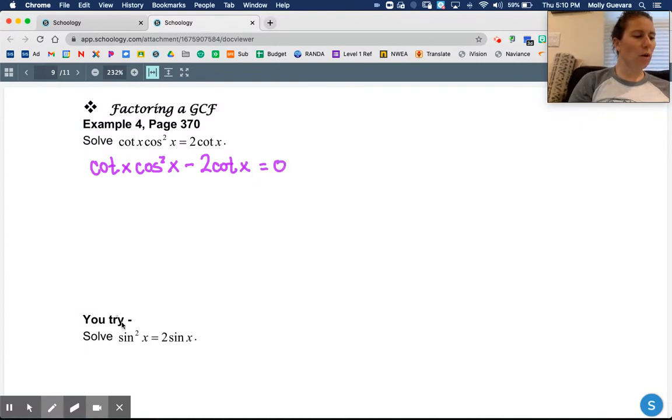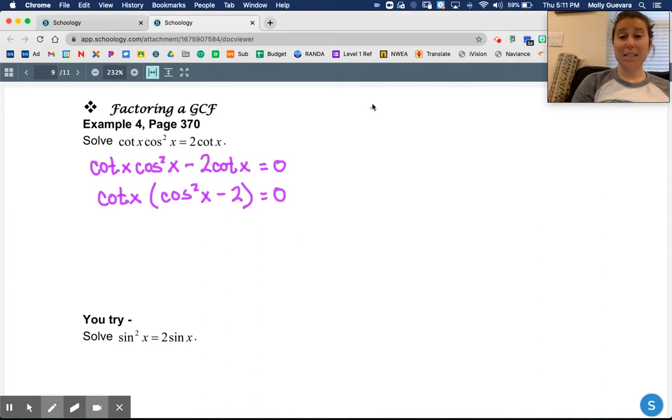Okay, so then I have to ask myself, what is the greatest common factor? I do have a cotangent in both, so I can take out a cotangent, which leaves me with cosine squared minus 2.